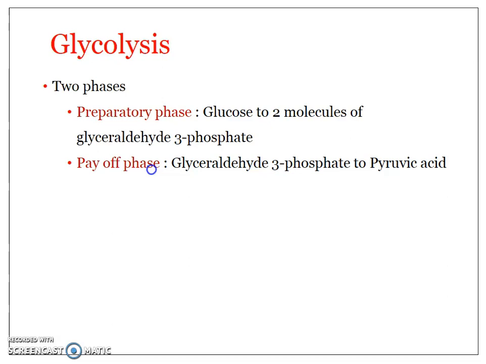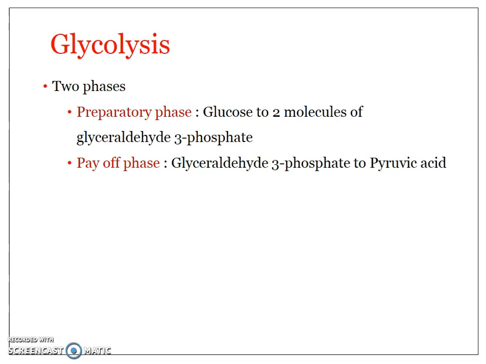Here the free energy which is trapped in the substrate molecules is getting conserved in the form of ATP. Here the glyceraldehyde 3 phosphate is getting converted into pyruvic acid. Ultimately, passing through various steps, pyruvic acid is produced, and during this phase NADH and ATP molecules are produced, which are energy conserving molecules.